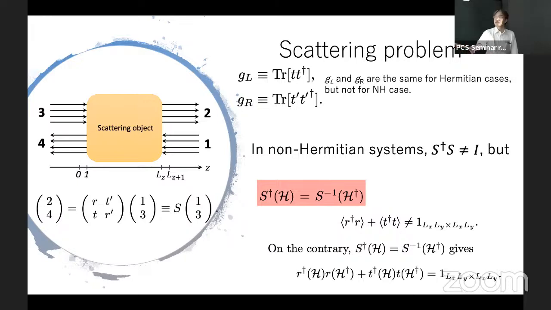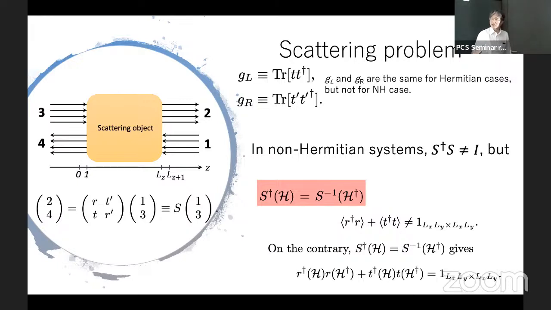And since H and H dagger are different in a non-Hermitian system, S dagger is not the inverse of S. So the relation R dagger R plus T dagger T equals the unit matrix doesn't apply for a non-Hermitian system.